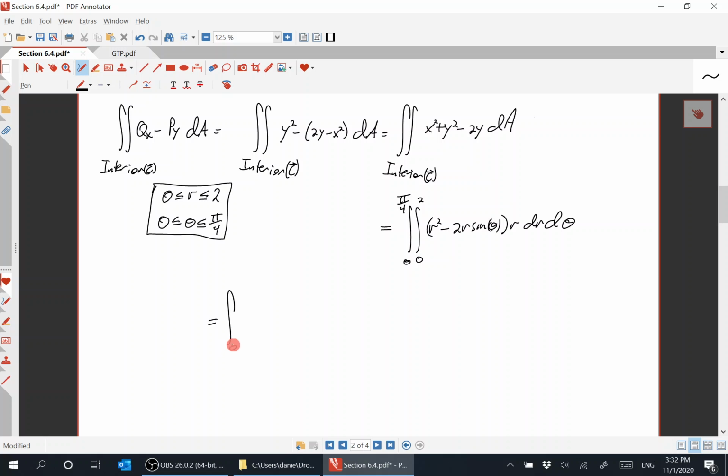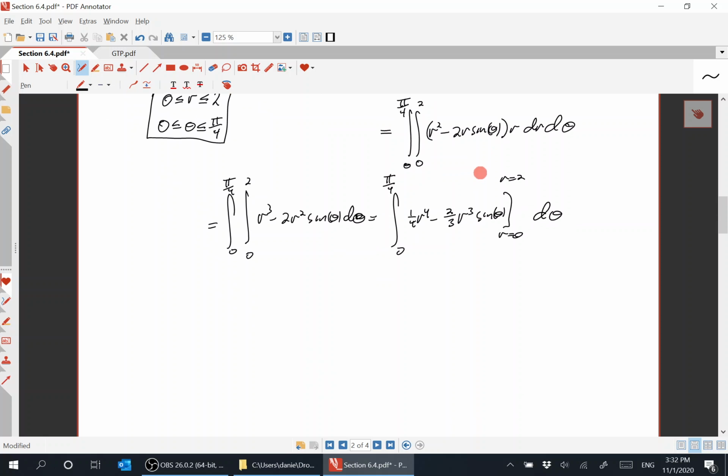So this is equal to the integral from 0 to pi over 4, 0 to 2 for r, of r to the third minus 2r squared sine of theta. So the integral from 0 to pi over 4 of 1/4 r to the fourth minus 2/3 r to the third sine of theta, from r equals 0 to r equals 2, d theta.